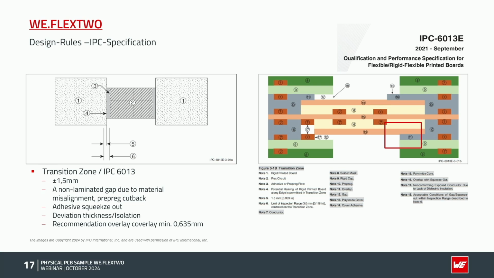The gray material is the pre-preg. You have the cores, you have copper. Everything is fine. There's a defined contour, and we have the flex part here, the rigid part here. It's perfect.